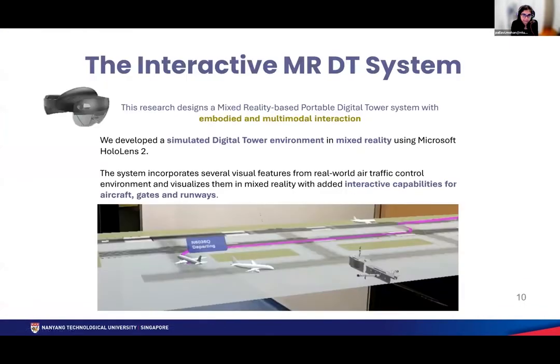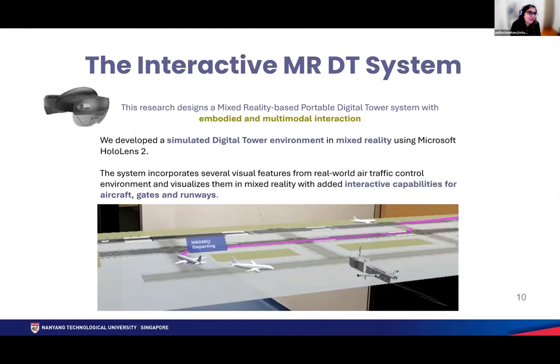So this paper, in summary, proposes a mixed reality-based portable remote digital tower system that has embodied and multimodal interaction capabilities. I hope this makes a bit more sense to you than it did in the beginning now.